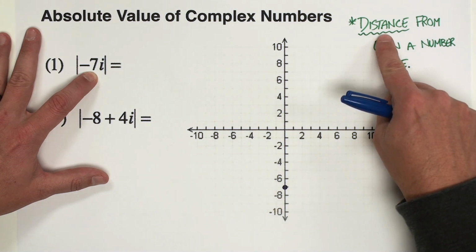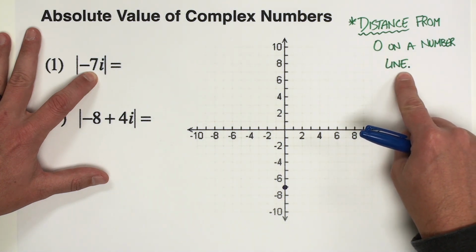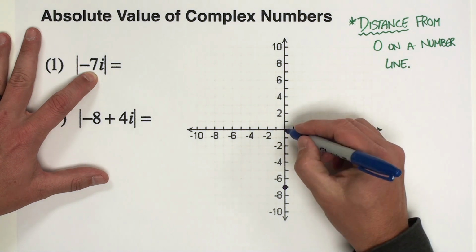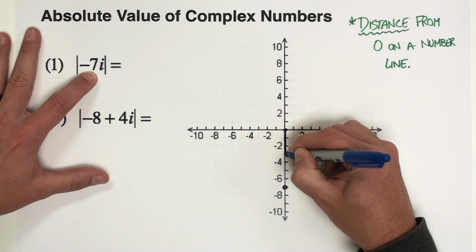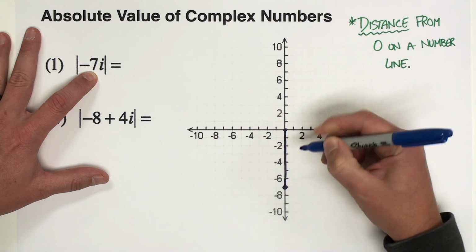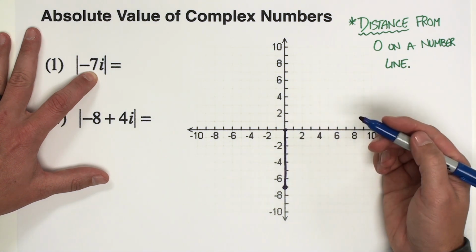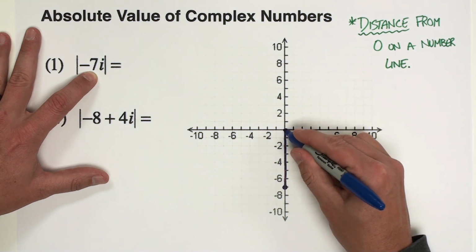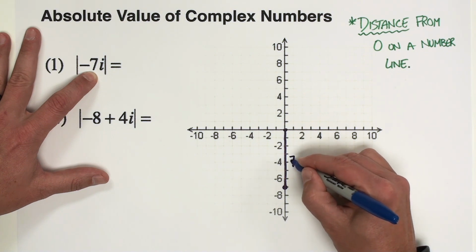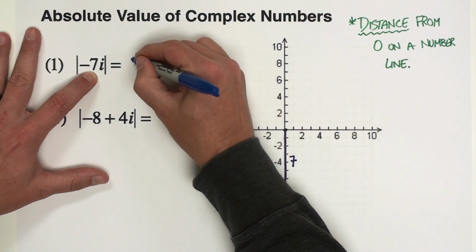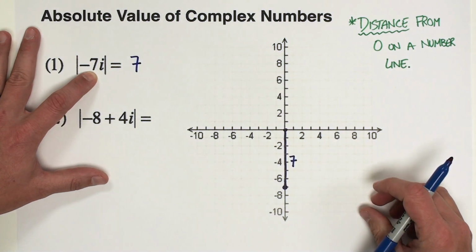And instead of doing distance from 0 on a number line, we're going to do distance from the origin on the coordinate plane. So how far is that? Well, the distance from (0, 0) to (0, negative 7) is 7 units. And so that's our absolute value.